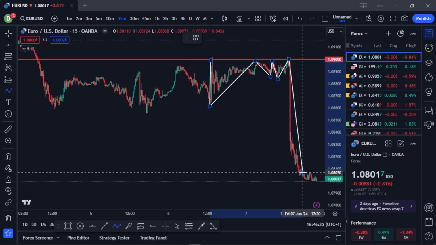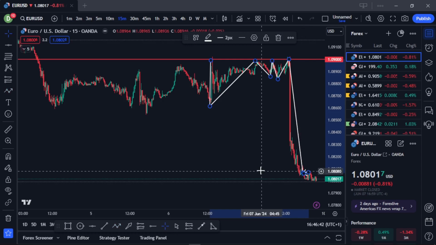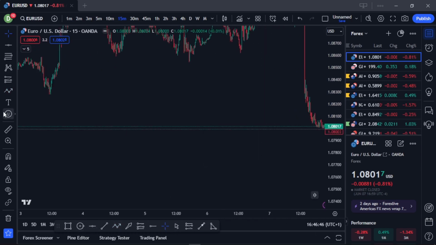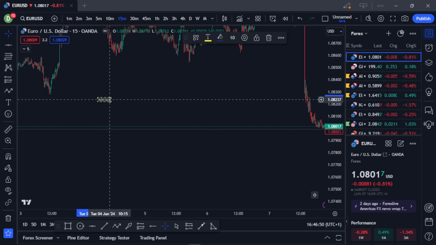What I mean by whole numbers is simply numbers with 2 to 3 zeros behind them, making them very smooth and straightforward. So now that you've understood the idea of this sort of number, a typical example on Euro USD is, let me just get my text tool and increase the text size to 20.